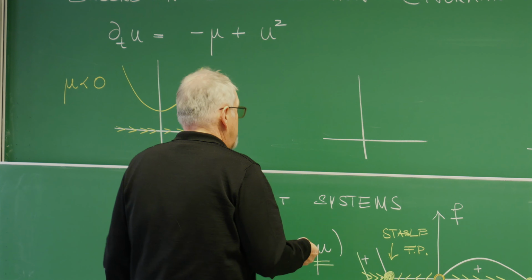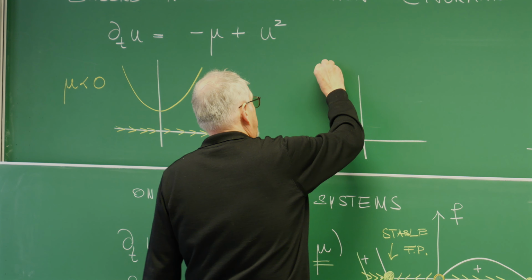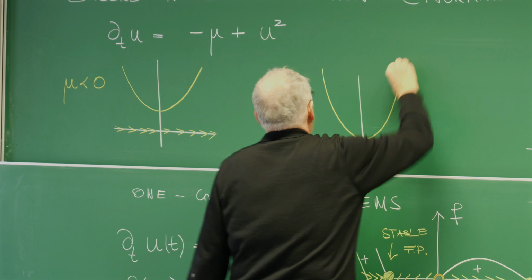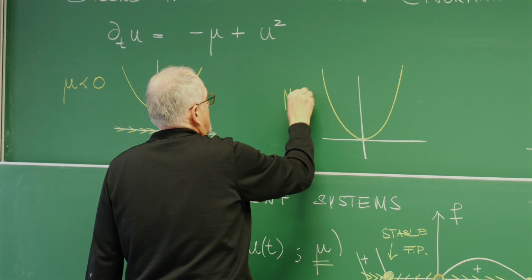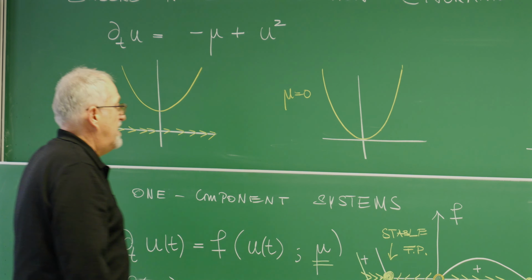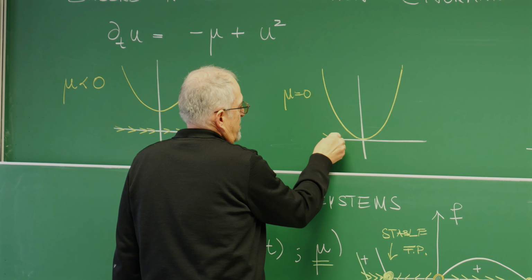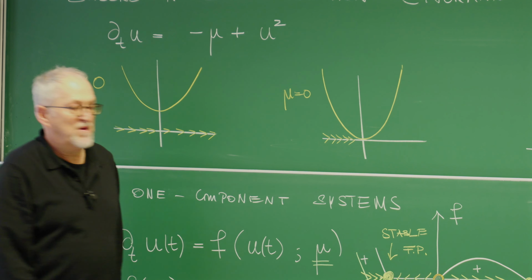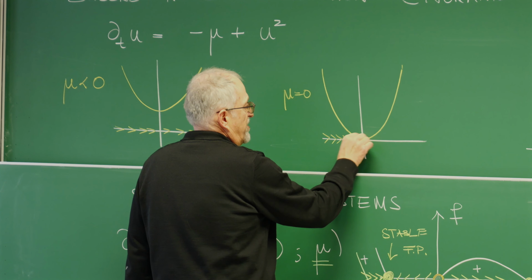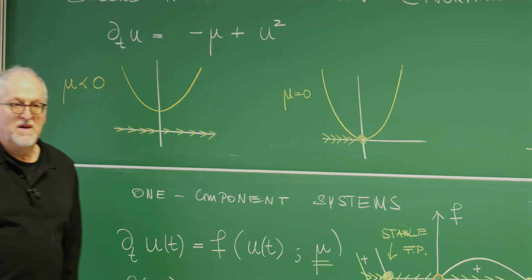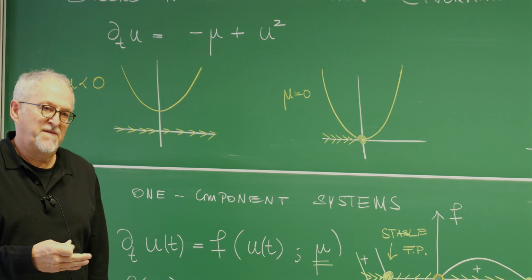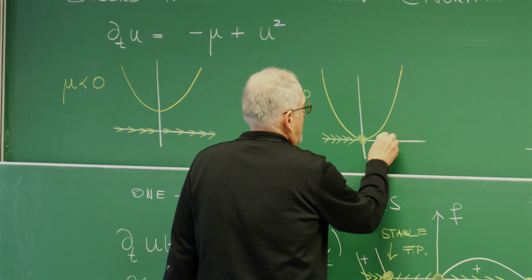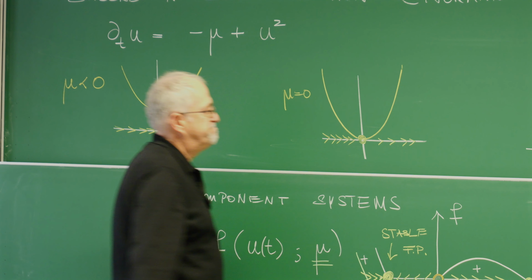There is a bifurcation point where you do have this parabola touching the horizontal axis. That is for mu equal to 0. And that's a particular point because you go there, then you become slower and slower and slower because that's actually a fixed point, right? But then if you kick it a little further, it will continue on going to the right-hand side.